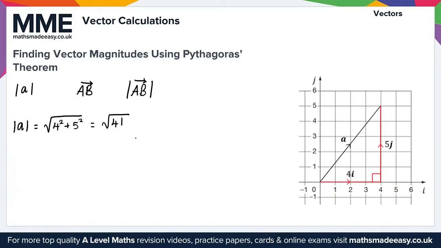Now, sometimes you may be required to find a unit vector in the direction of a particular vector, and we can find that by using the following formula.